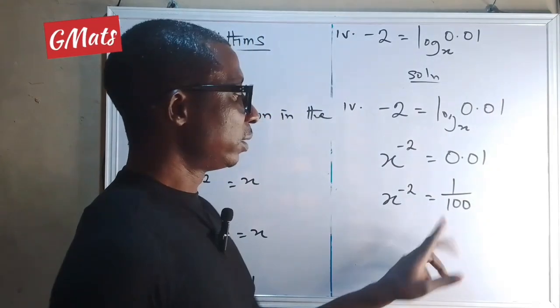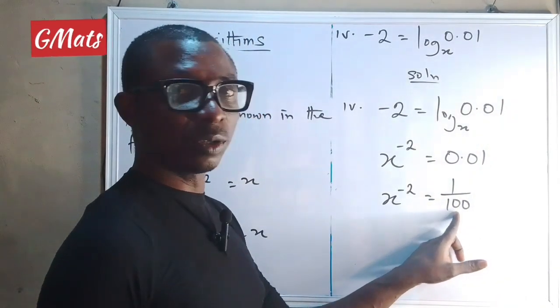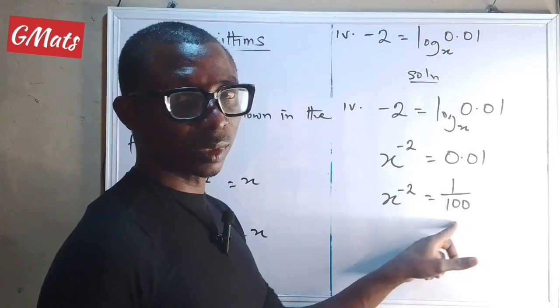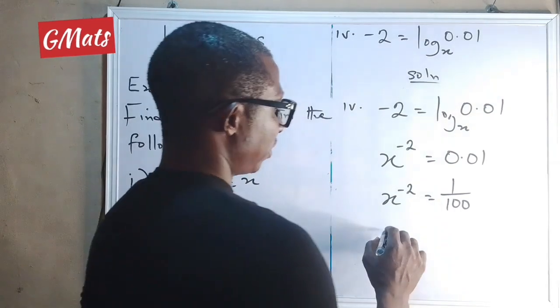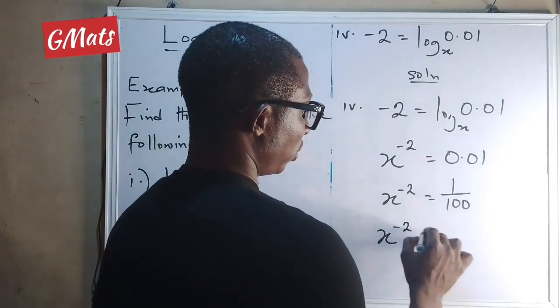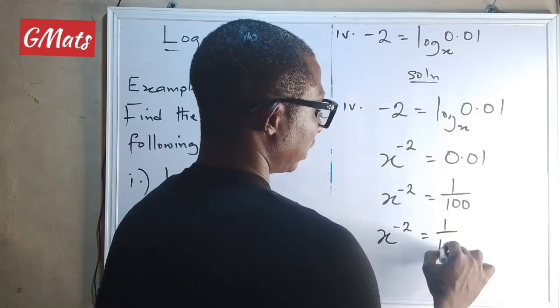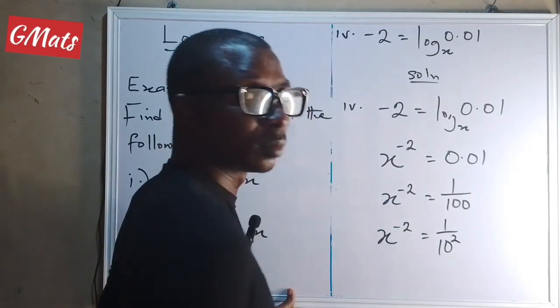Now, the next thing is to express this 100 in index form. The index form of 100 is 10 raised to the power of 2. So we have x raised to the power of minus 2 equals 1 over 10 raised to the power of 2.